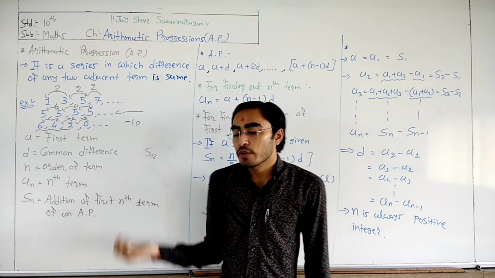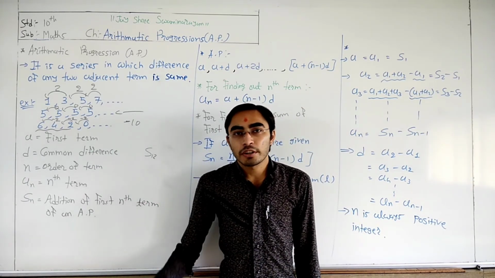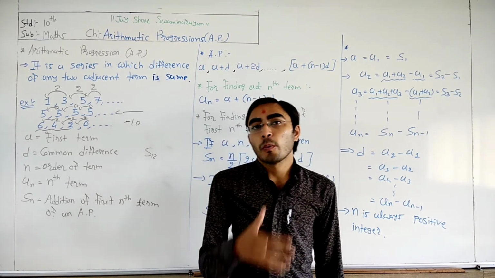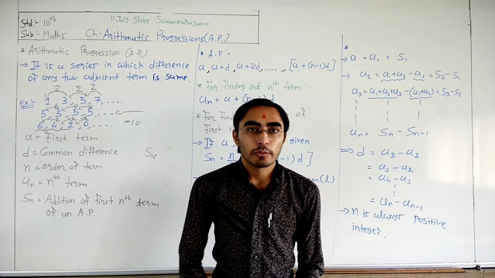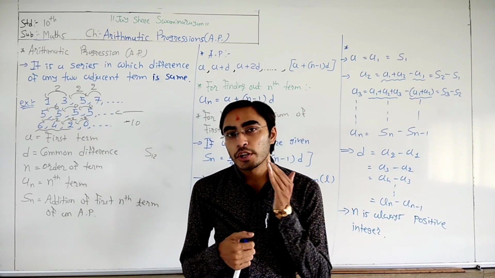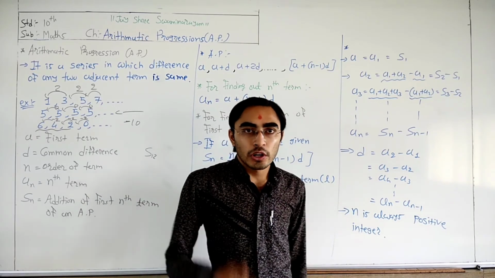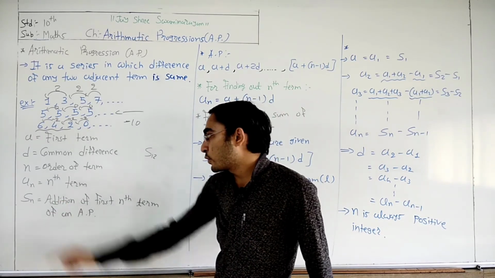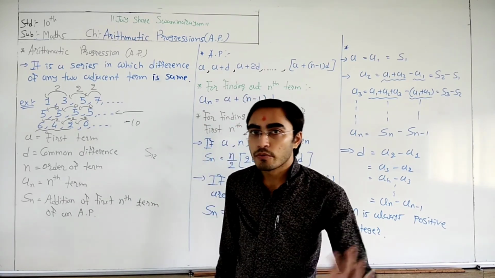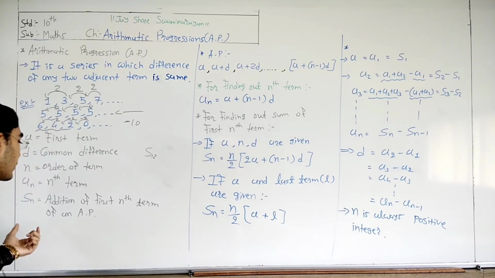So directly you can find S12. If you pay a 20,000 loan every time, you do not need to add that 20,000 twelve times. You do not need to do the addition process; directly you can find the total payment after 12 years by using the concept of Sn, the addition of the first n terms. So Sn represents the addition of the first n terms.